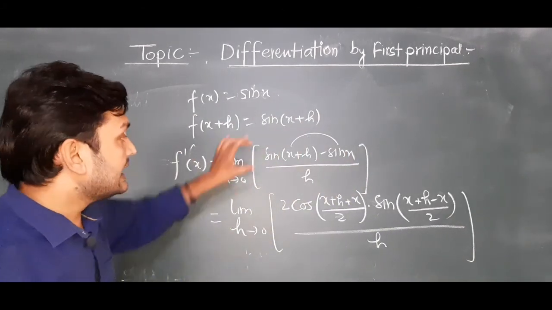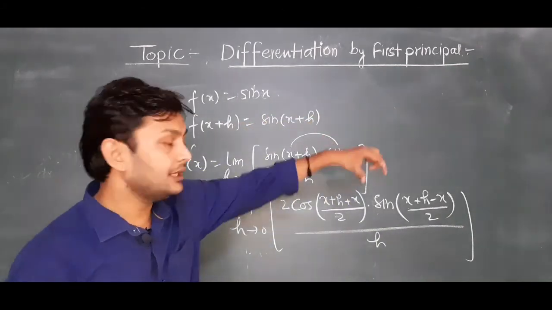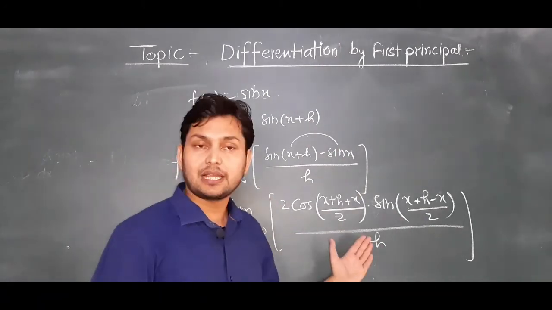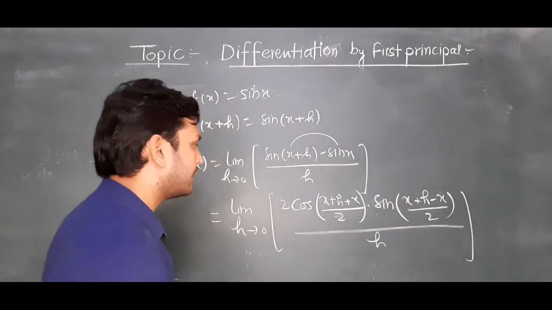Everyone knows about it: sin x minus sin y equals 2 cos((x + y)/2) into sin((x - y)/2).